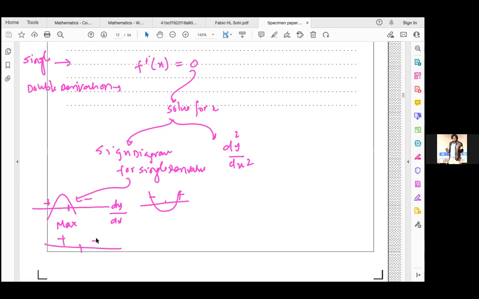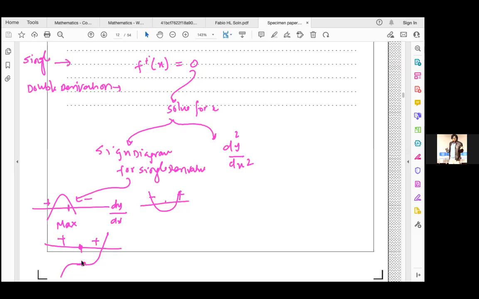If it is positive, it means that it is increasing, but at some point its derivative is 0 and then again increasing. So this is referred to as a non-stationary point of inflection. Sometimes, wherever the function is purely increasing, your derivative is also 0 in between. In that case, there is a possibility that you can have a stationary point of inflection.